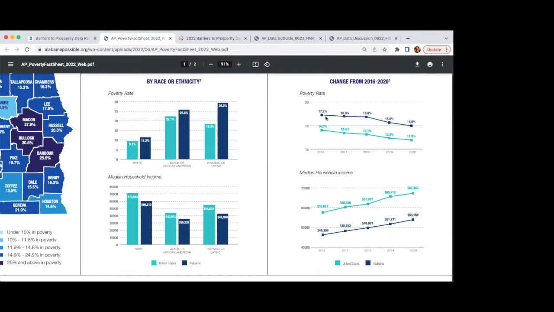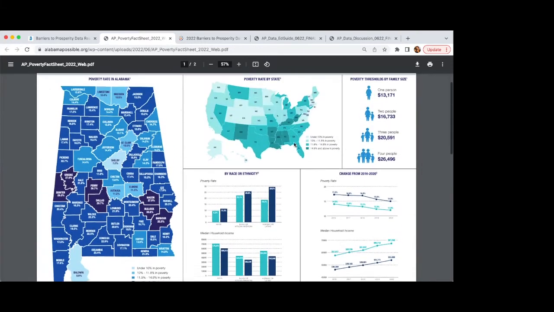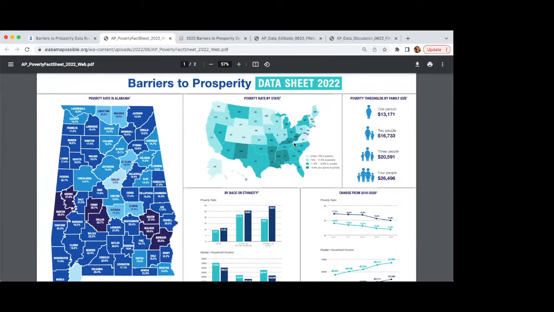And so, like I mentioned, while the poverty rate has been decreasing year after year, Alabama still has quite a high poverty rate compared to the rest of the country. Similarly, our median household income is much lower than the national median household income. So on the first page of the data sheet, we're really looking at a zoomed out overview.